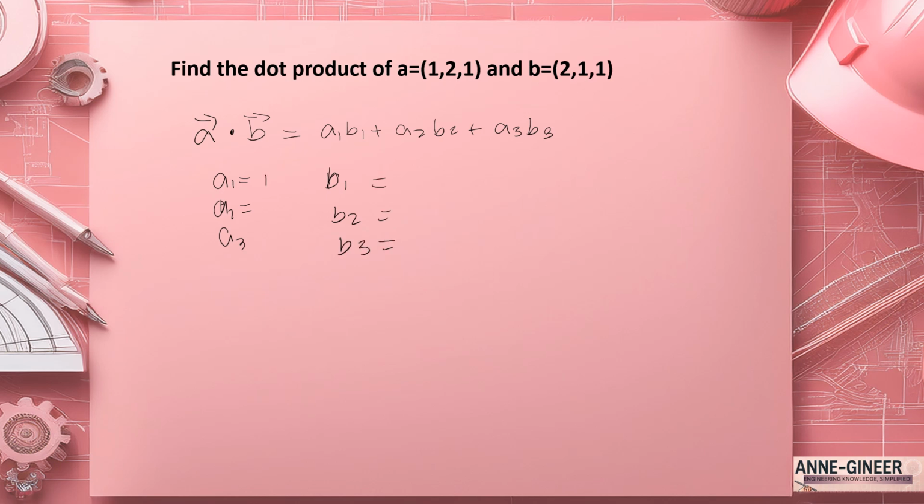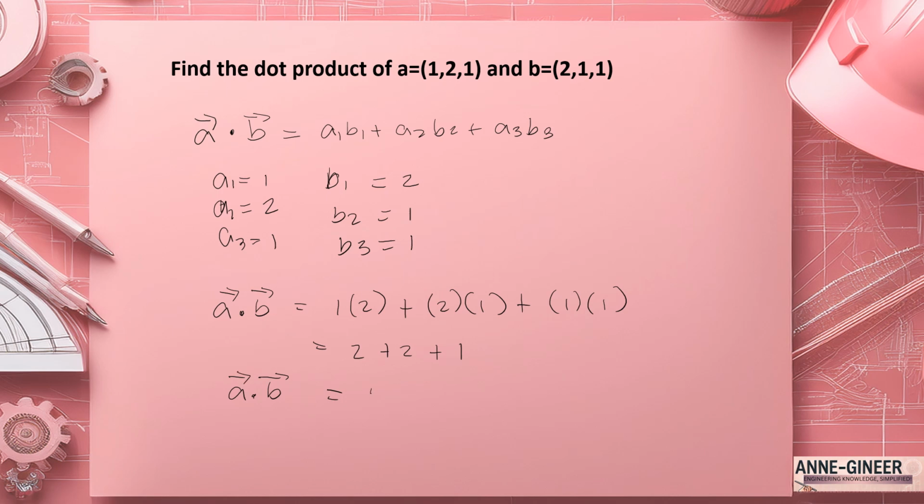A is 1, 2, and 1, and B is 2, 1, 1. So the dot product of the two vectors is equal to 1 times 2 plus 2 times 1 plus 1 times 1. So this is 2 plus 2 plus 1, or the dot product is equal to 5.